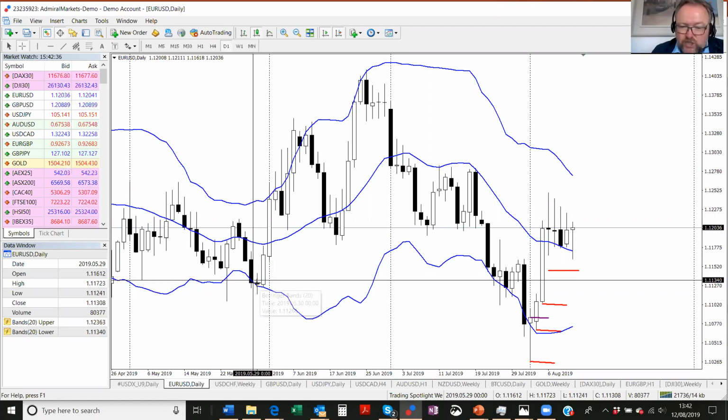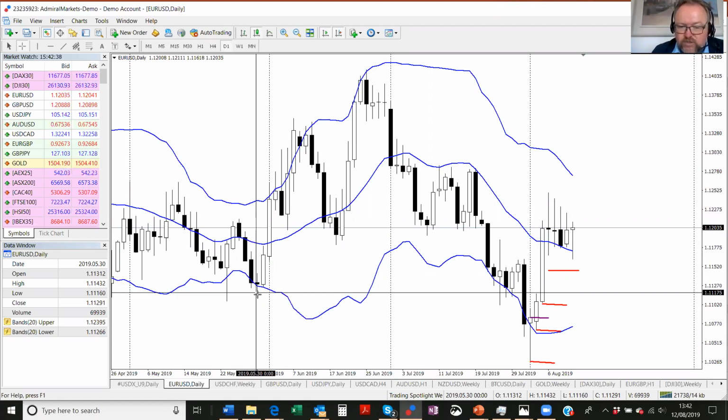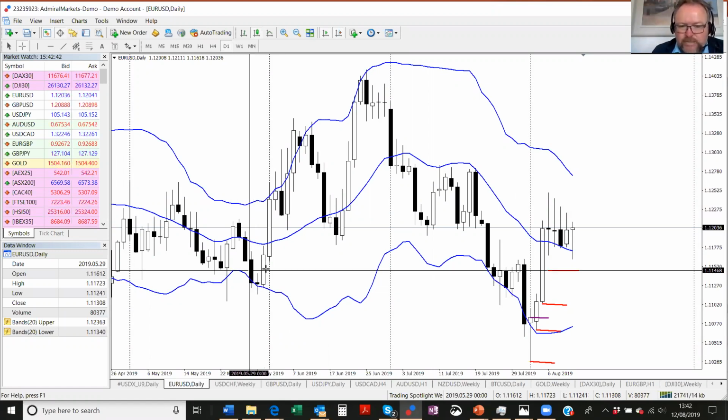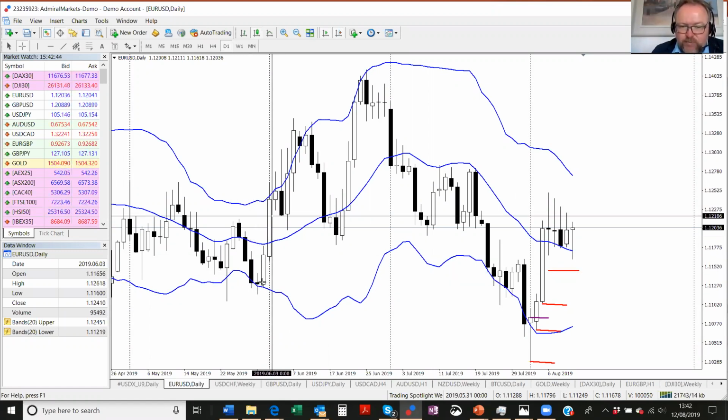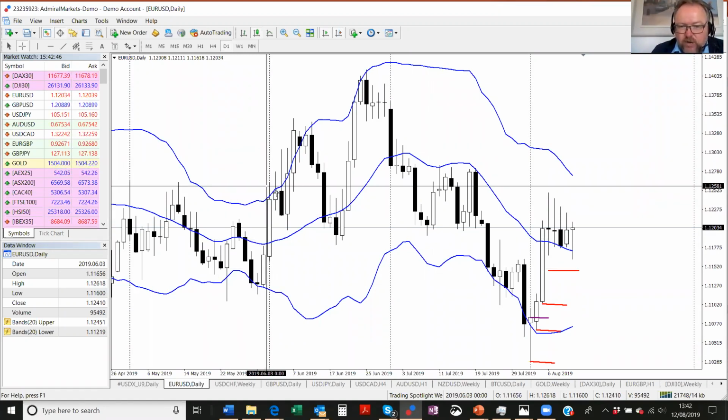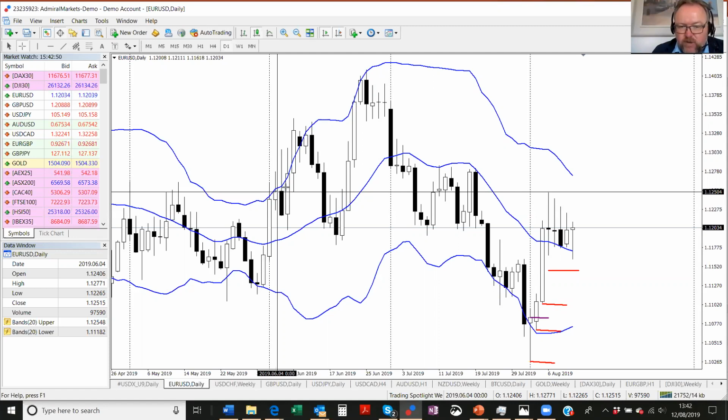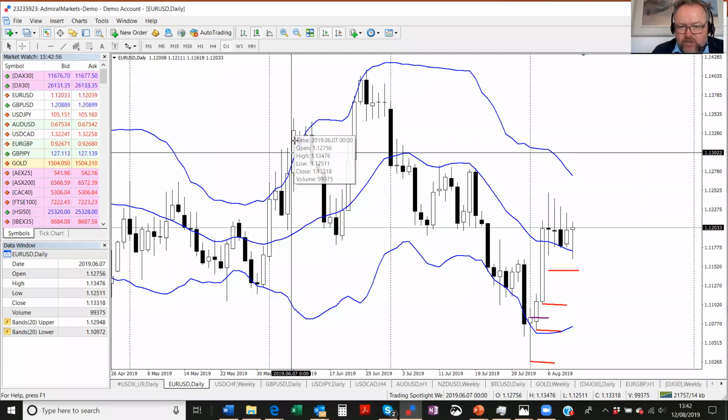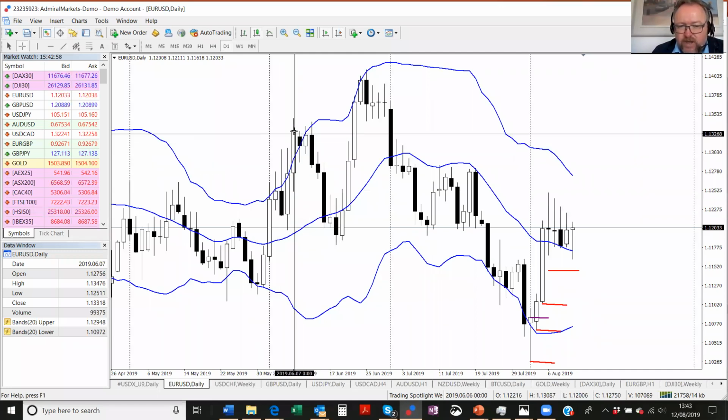So it doesn't actually qualify as a setup, and this candle doesn't close outside the Bollinger Bands itself. Unfortunately, we miss this particular trade, but that happens with all trades. We don't always get closes outside the Bollinger Bands. We do get a close outside the Bollinger Band there, but the next day isn't a reversal candle. In fact, it goes even higher and closes.